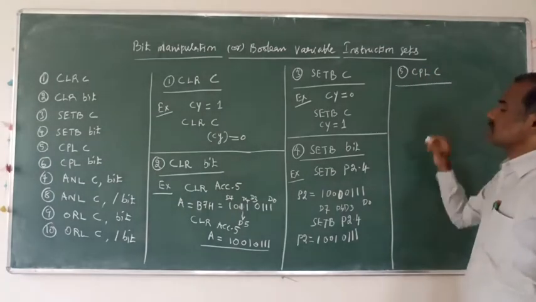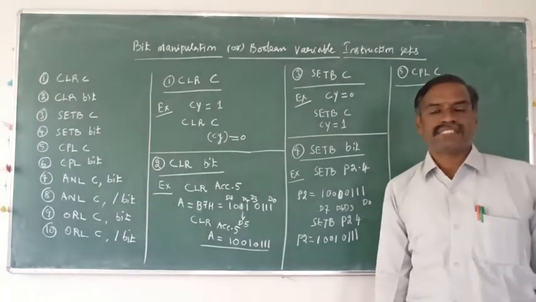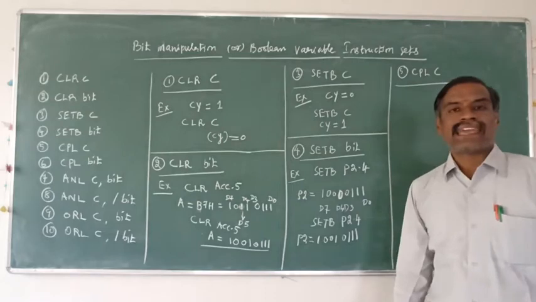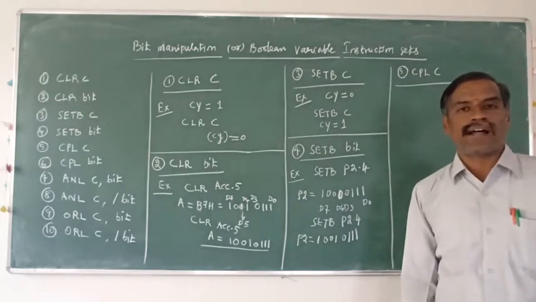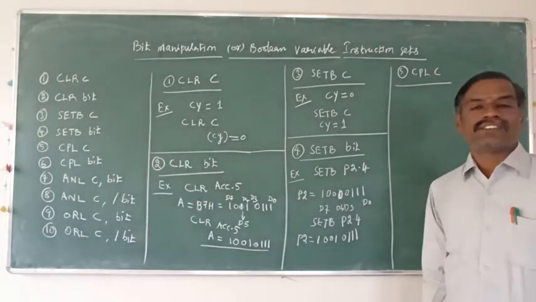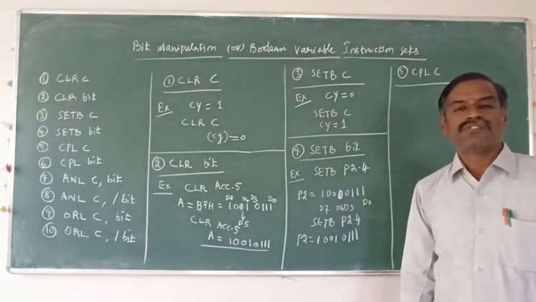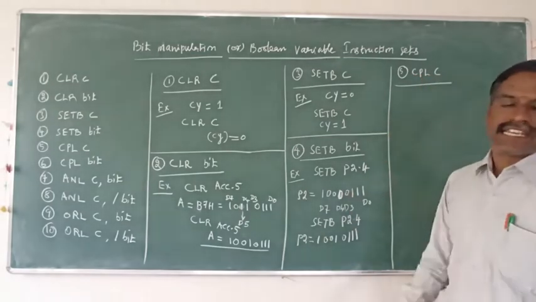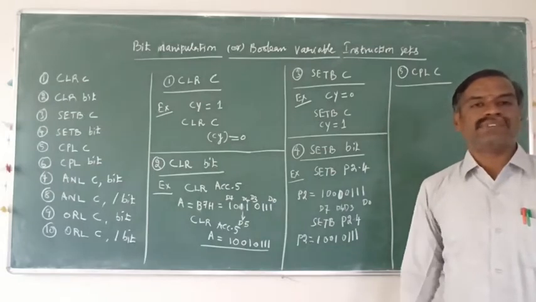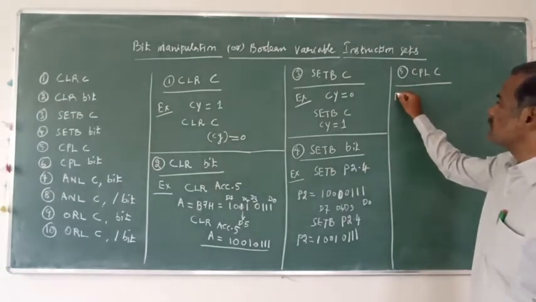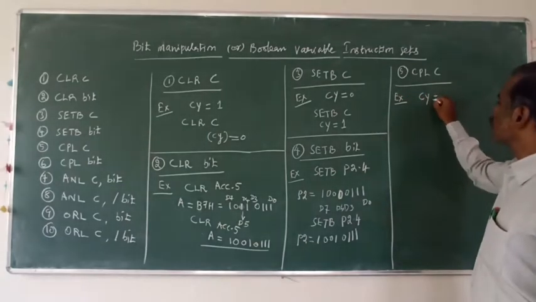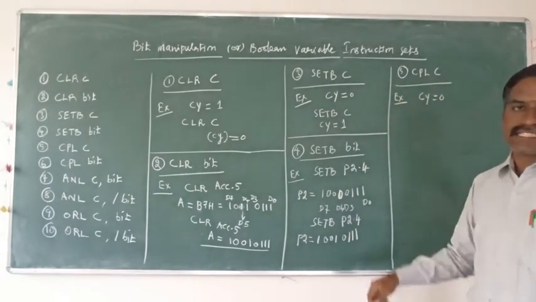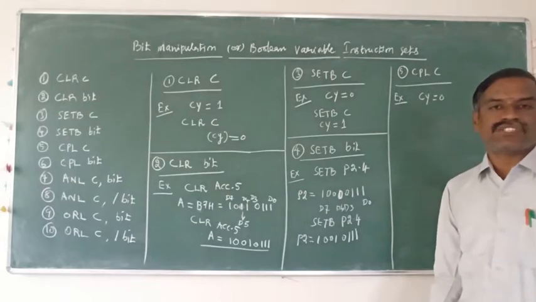And next one, CPL C. Here CPL means complement. CPL C means complement the carry status. If carry equals 1, after this instruction the carry flag will be set to 0. Suppose carry equals 0, after CPL C the carry will be set to one. Example, here carry equals 0. 0 changes into 1 and 1 changes into 0.